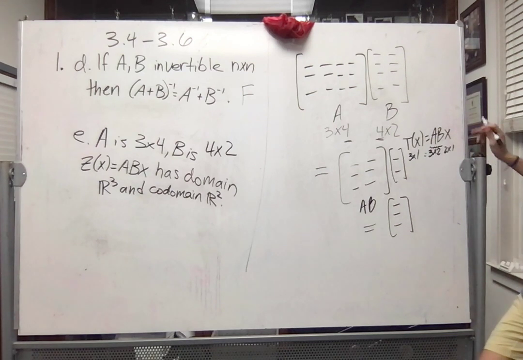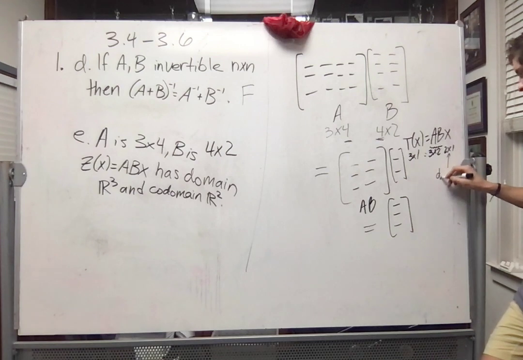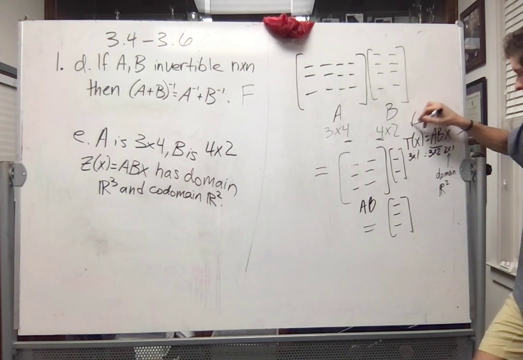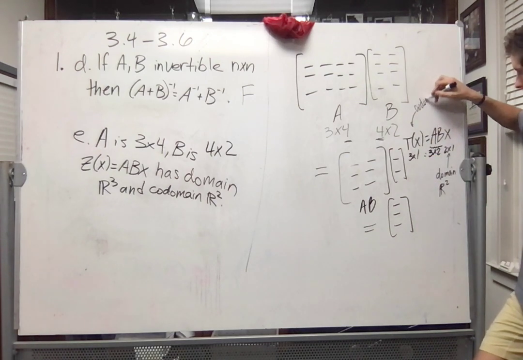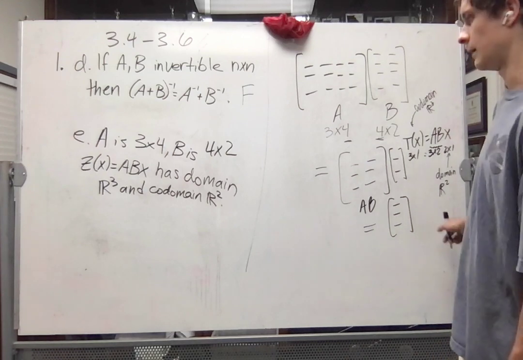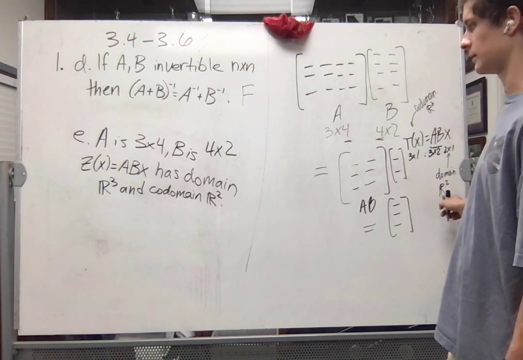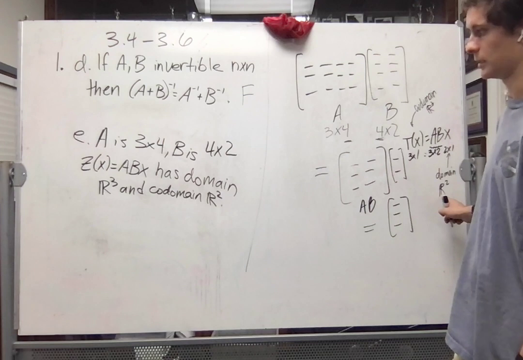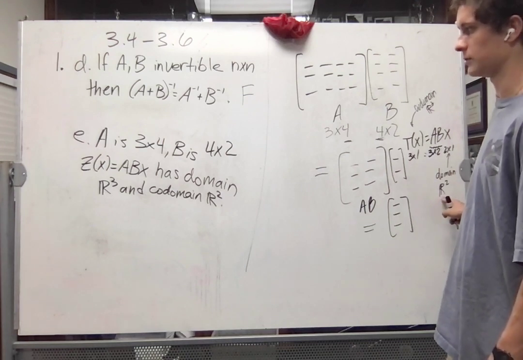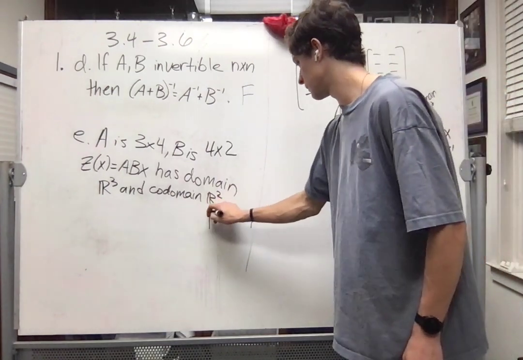The domain of this transformation is the size of x, so the domain is R2. And the size of the output is going to be the codomain, R3. So now we just have to check, is that actually what the true-false said? No, the true-false said that the domain was R3 and the codomain was R2, so it's sort of a trick question. They wanted us to get it backwards and say it was true, but this is certainly false.